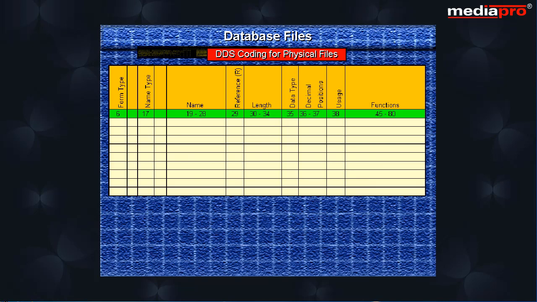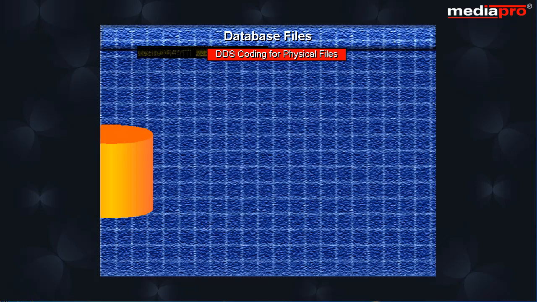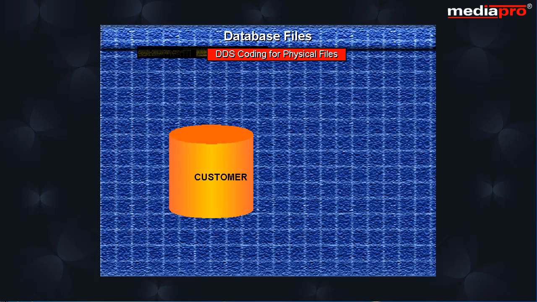This is a DDS coding sheet that you can use to code the data descriptions before entering it on the system. DDS uses a position-sensitive format. Let us write a description for a physical file. Say, for example, we want to create a database of customer information.